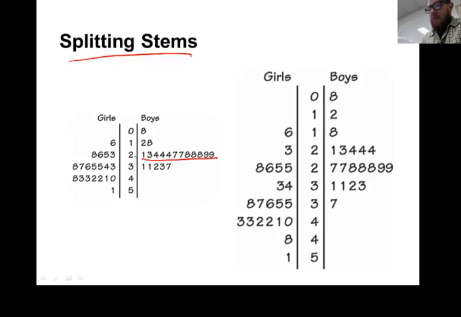So instead of having 1, 2 with all of these data points coming out to the side, we split it into 2s. So in this case now we have 0, we put 2 1s, 2 2s, 2 3s, 2 4s, and 1 5. There's only 1 0 and 1 5 because there's only one value in each of those. So it's not really necessary to put 2.